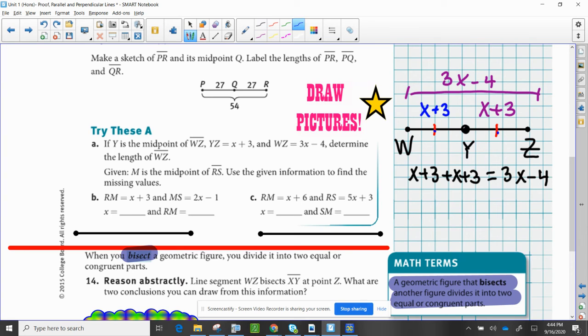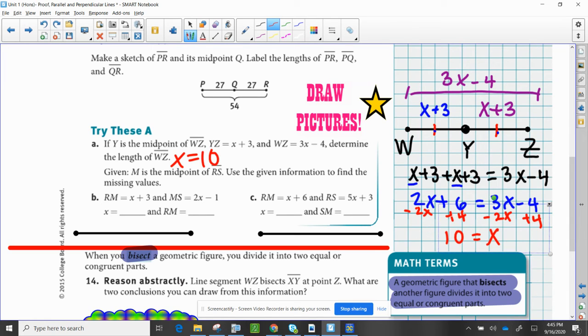So cleaning this up really quick, we have x plus x, that's 2x. 3 plus 3 is 6. And then if I get all my x's on one side, so I have x over here. If I add this 4 to the other side, I get 4 plus 6, which is 10. So there's solving for x, so x equals 10.